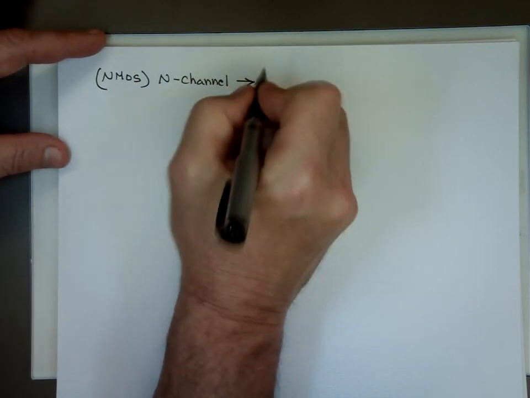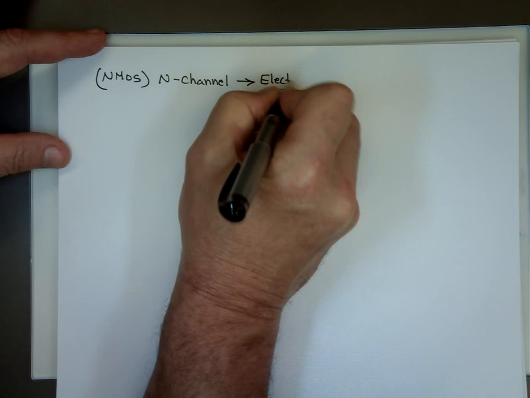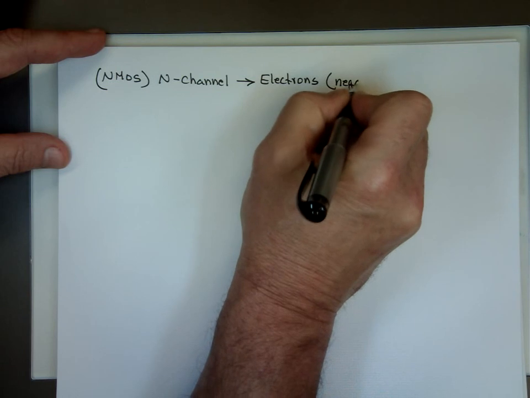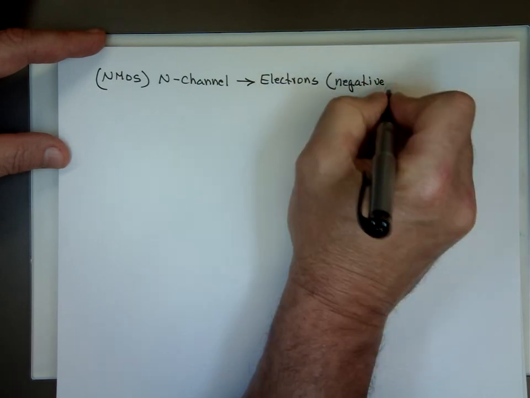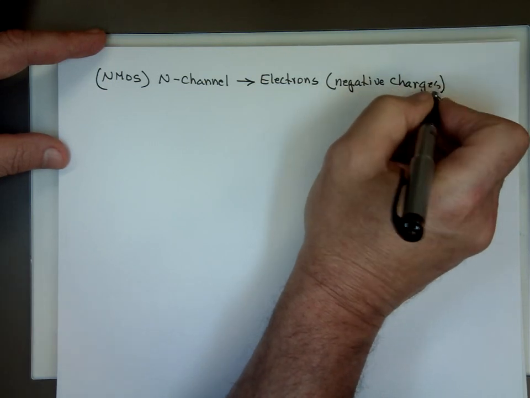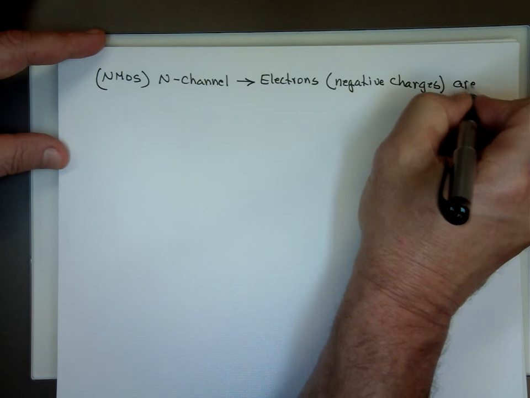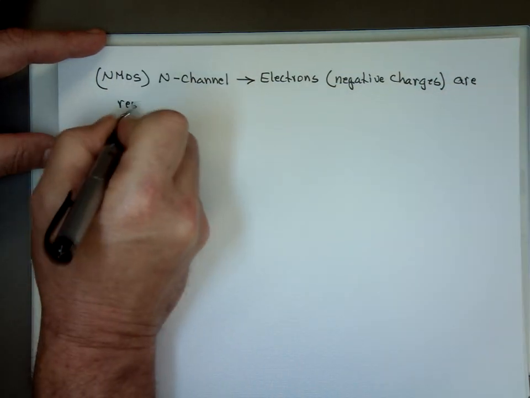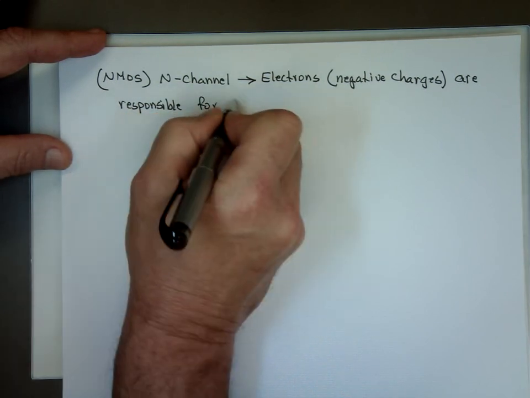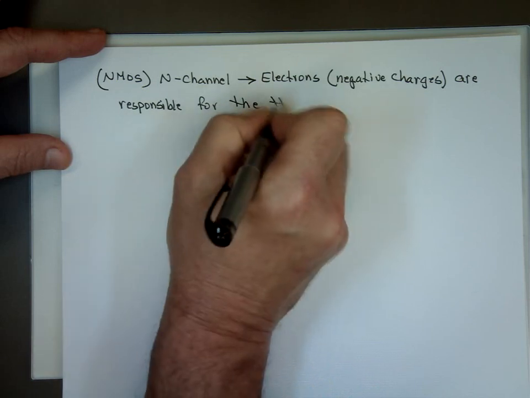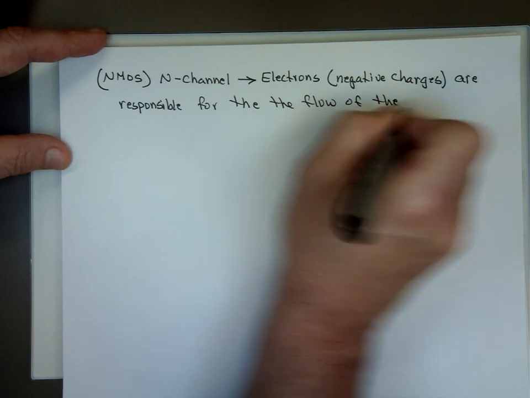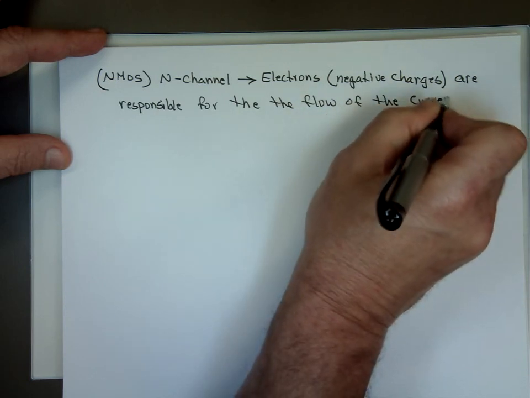In this case, electrons, which we know have a negative charge, that's why it's called N channel. Electrons are responsible for the flow of the current. In a few minutes we'll discuss them in depth.